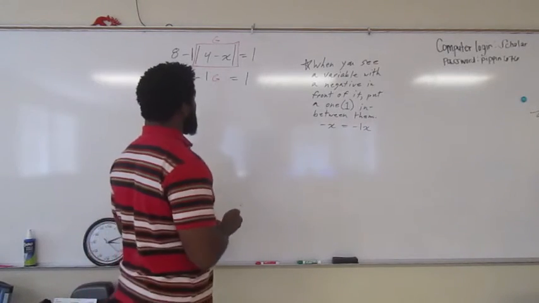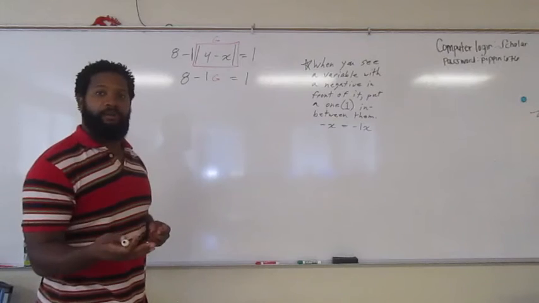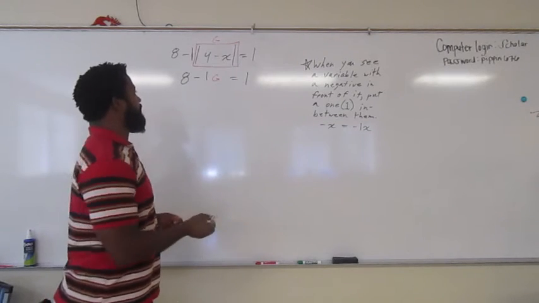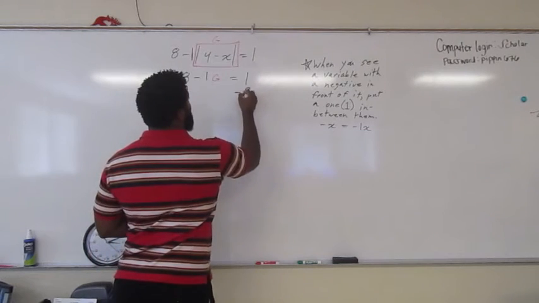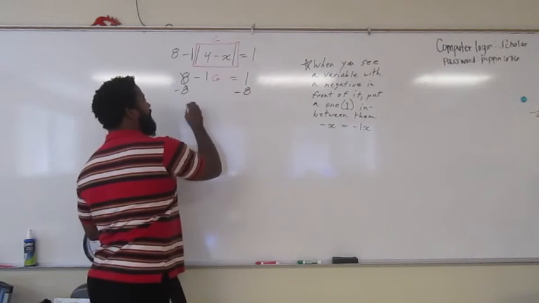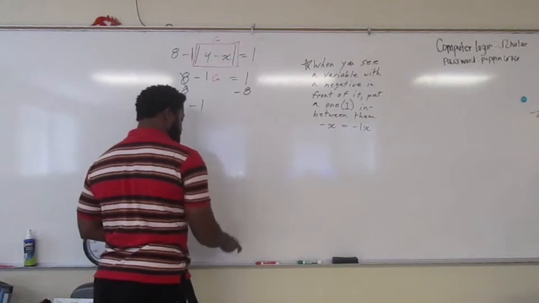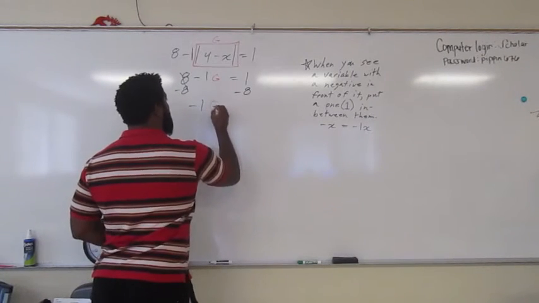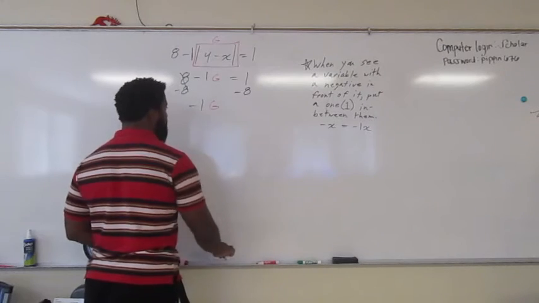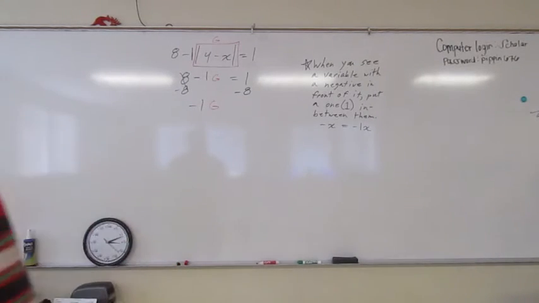So now we're just going to solve for it like regular. Minus 8, minus 8, that cancels out. We're left with the negative 1g. Negative 1g. That pen is faded. Hopefully the camera can see it.